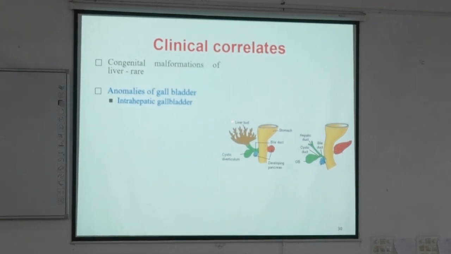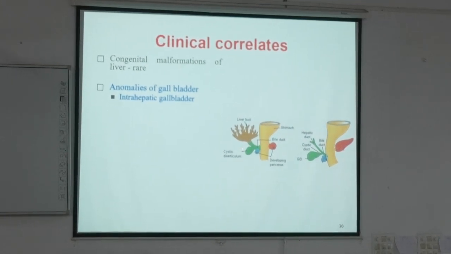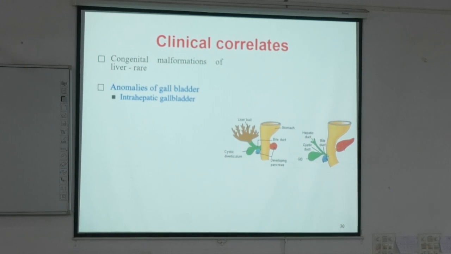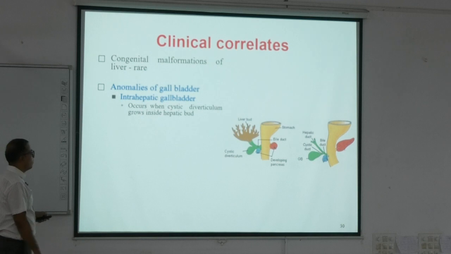Sometimes what happens is this liver bud and this cystic bud grow at a different pace. If they grow at a different pace, this cystic diverticulum may grow differently or may be separated out from the liver undersurface. So that leads to a phenomenon we call a wandering gallbladder or mobile gallbladder.